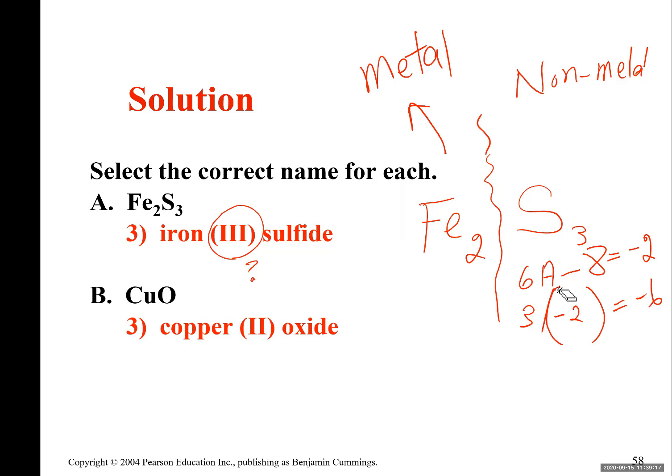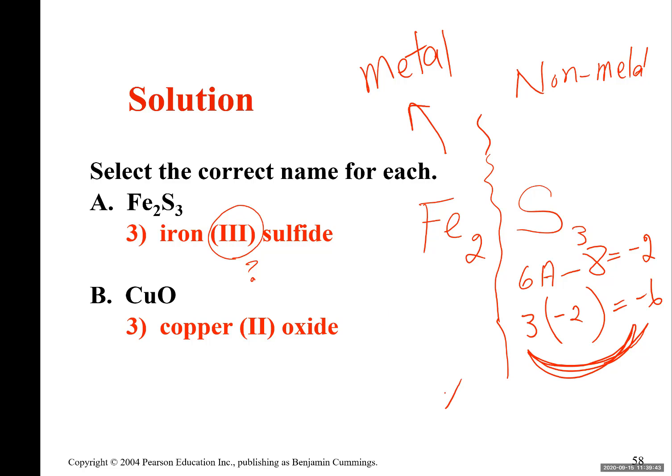Yes or no? So first determine the charge of the non-metal, because it's fixed. The metal is a transition metal. It can change. That's why I first determine the charge of the part which is always fixed. Then I can calculate the unknown charge of iron.